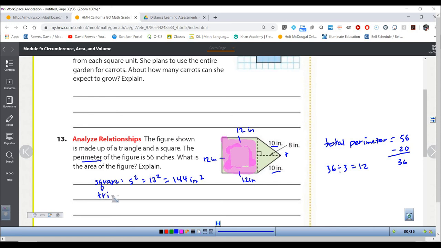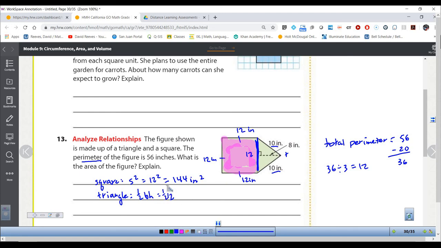Now we have to find the area of the triangle. All right, the area of a triangle is 1/2 base times height. So again, this right here is going to be the base of our triangle, right? That base is the same length as all the rest on the square, 12. So it's going to be 12.